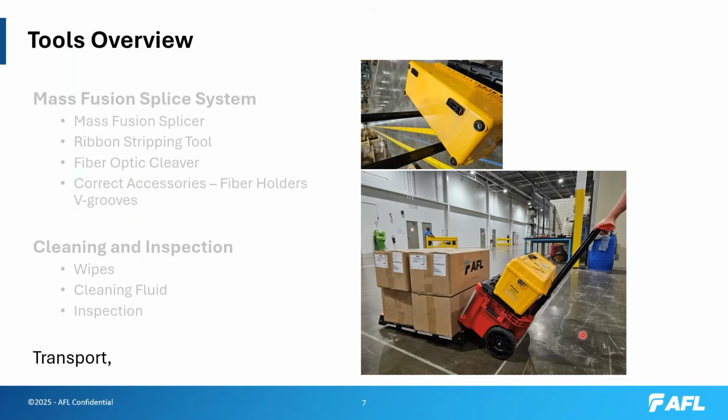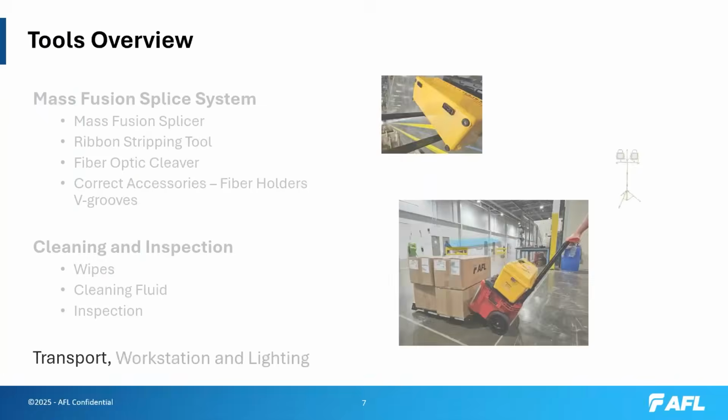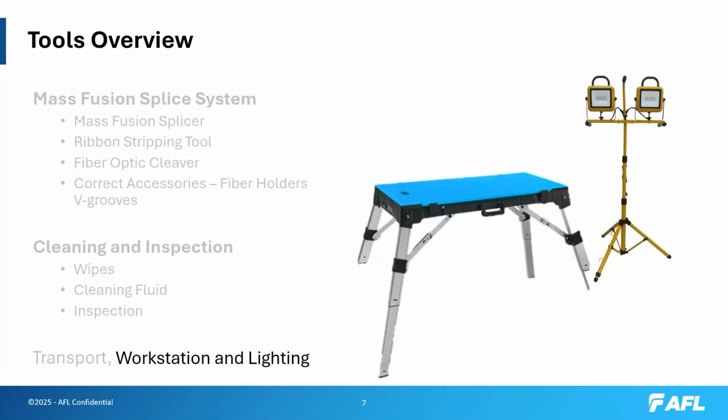Also on the transport side, we have a new mobile splicing workstation. It is actually a work table, but on the bottom, it has casters, so we can use it as a dolly to move material through a warehouse if you'd like to do that. That is the mobile splicing workstation as it's elevated. You can see here it's got telescoping legs.